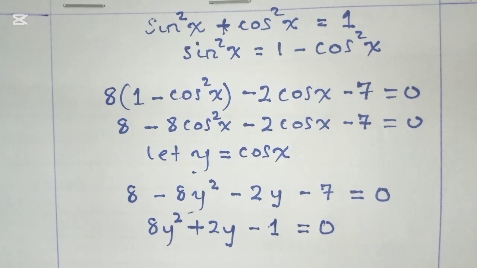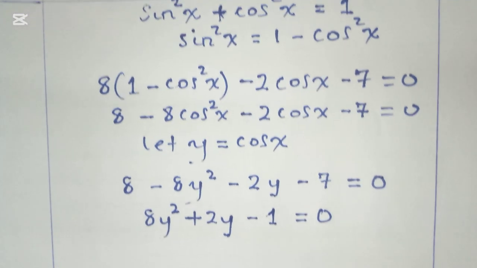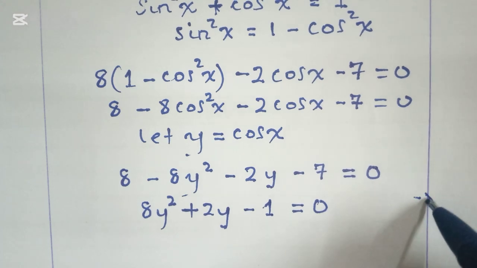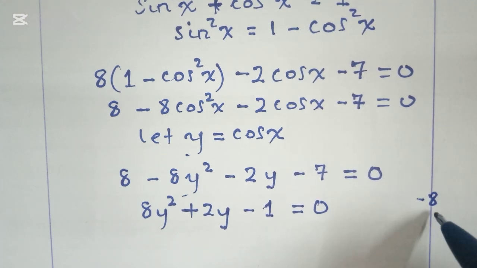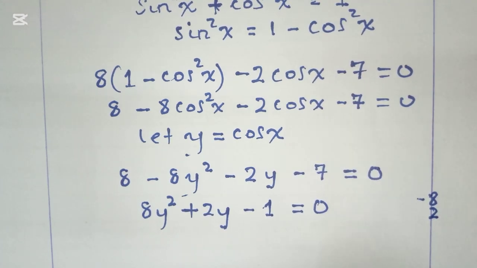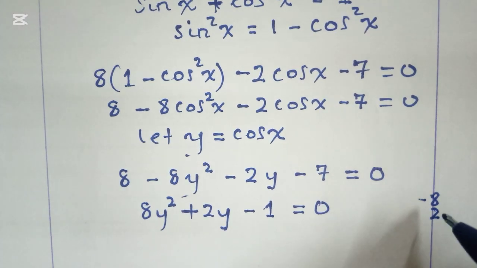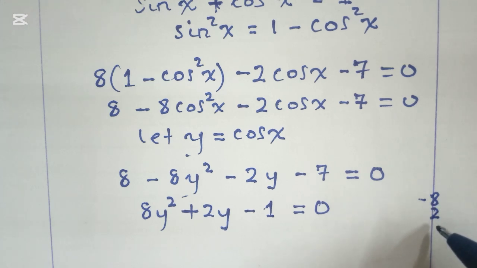Now we look for two numbers that, if you multiply, you get negative 8, and if you add, you get 2.